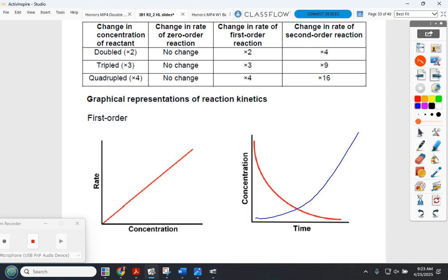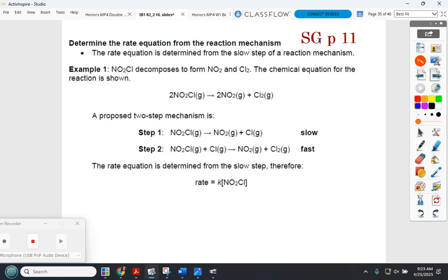but we can look at rate equations in order to determine whether a reaction mechanism is possible. This is one way that we can disprove a reaction mechanism, or at least give some more confirming evidence for it.